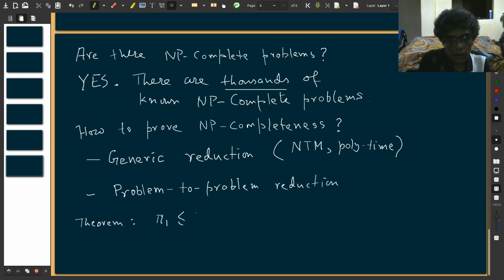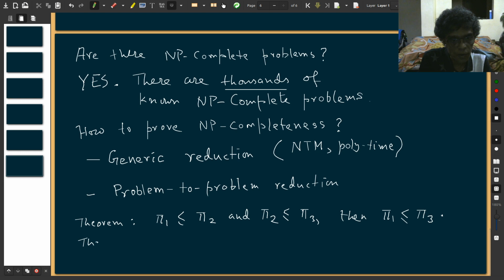If a problem pi 1 reduces in polynomial time to a problem pi 2, and pi 2 in turn reduces in polynomial time to pi 3, then the combination of these reduction algorithms is a reduction algorithm from pi 1 to pi 3. Obvious, right? I am not writing formally any proof for this. This is more a lemma rather than a theorem, but because of its importance, I wrote it as a theorem.